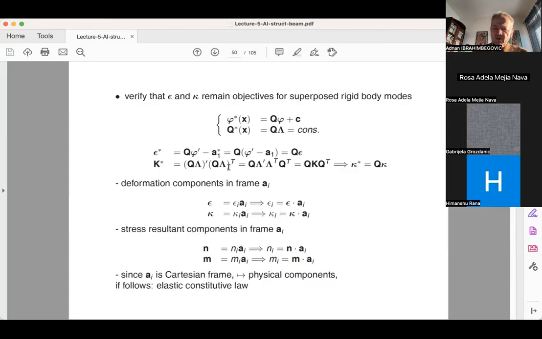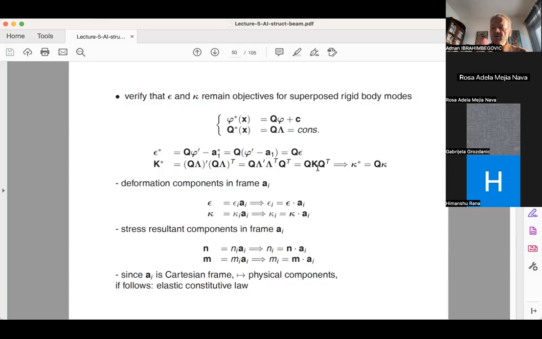The curvature story is similar. Namely, you have a skew symmetric tensor kappa in this rotated configuration, which is Q times lambda with respect to S times Q times lambda transposed. So playing this transposition, this is your kappa in the deformed configuration.